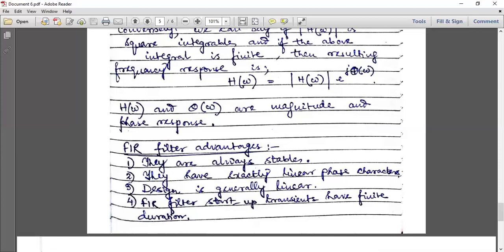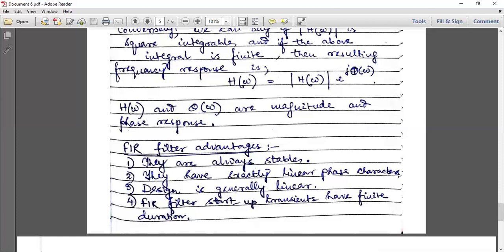Good. Now, on which basis will you select an FIR filter or an IIR filter? The selection of an FIR or IIR filter depends on the nature of the problem and on the specifications of the desired frequency response.